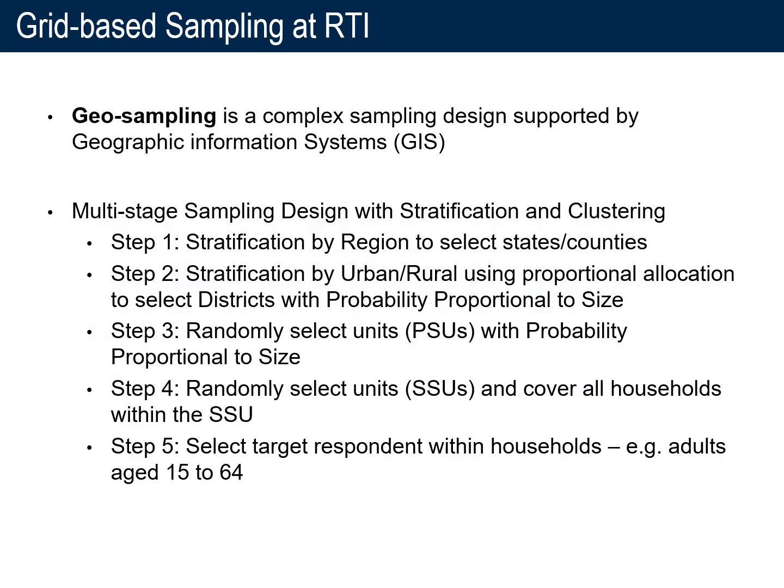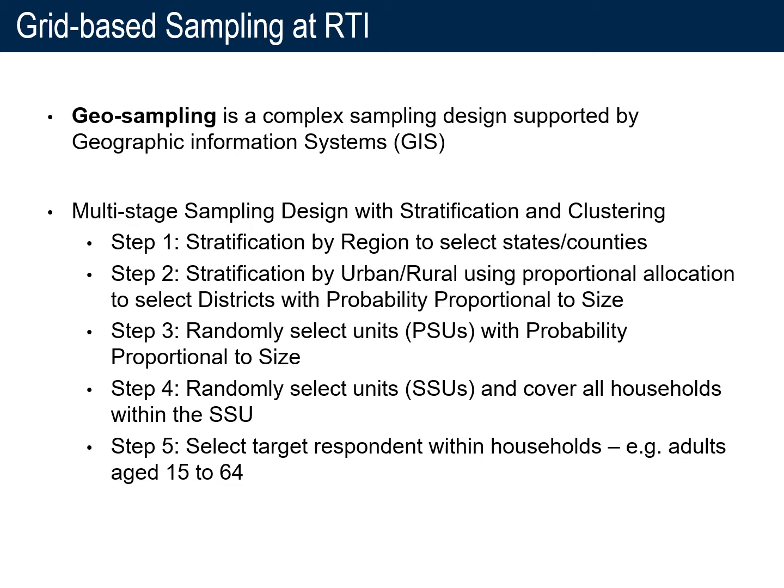Specific to RTI, we developed the Geosampling methodology, which is the complex sampling design supported by Geographic Information Systems, or GIS. It's a multi-stage sampling design with stratification and clustering. In step 1, there's stratification by region. Step 2, stratification by urban and rural, using proportional allocation to select districts with probability proportional to size.